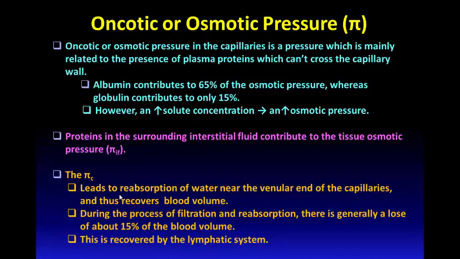During the process of filtration and reabsorption, there is generally a loss of approximately 15% of the blood volume, as we will see in the subsequent slides, and this lost blood volume is recovered by the lymphatic system.